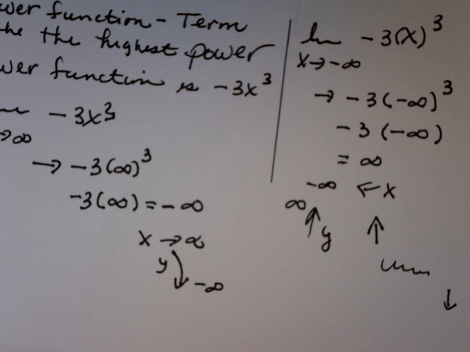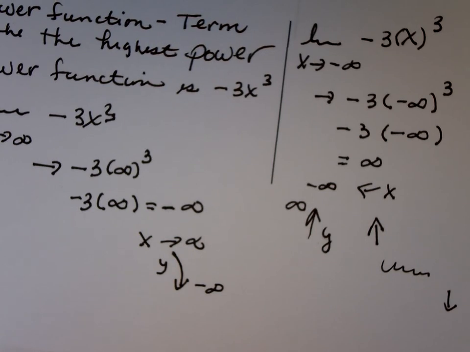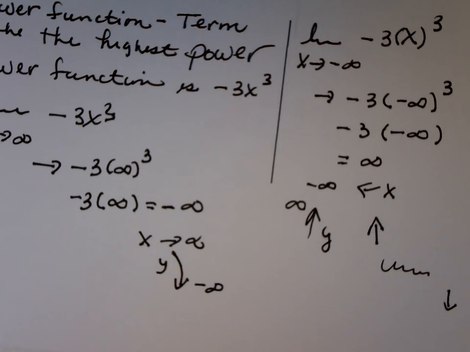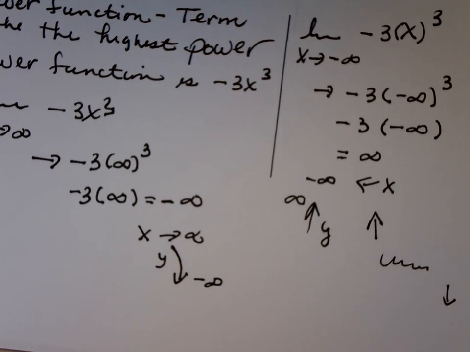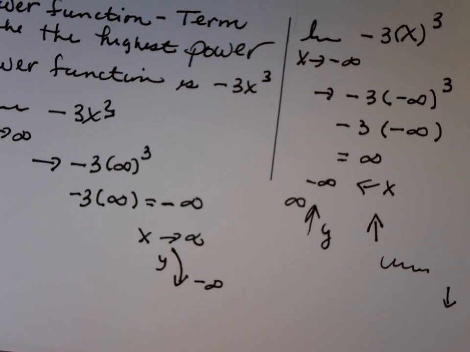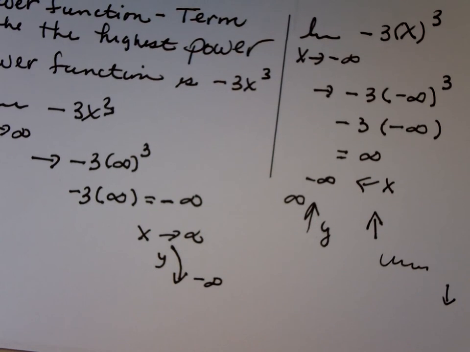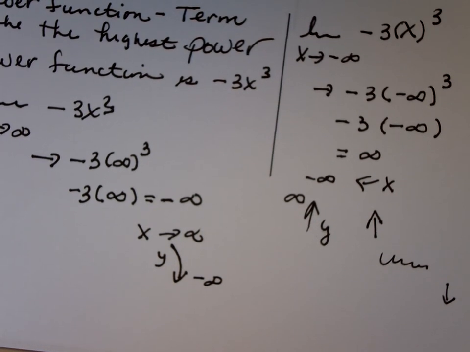He still laughs at me, right? 10 cubed is 1,000. He would still laugh at me. Why? Because compared to what he has, it's nothing, it's small change. It's a lot of money to us, but not to him. So when you're looking at a polynomial, it's that highest power that's going to carry the day.